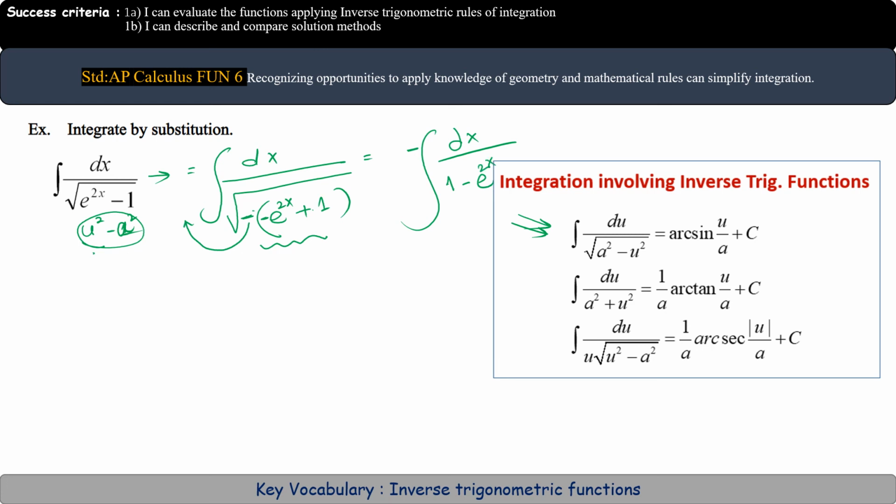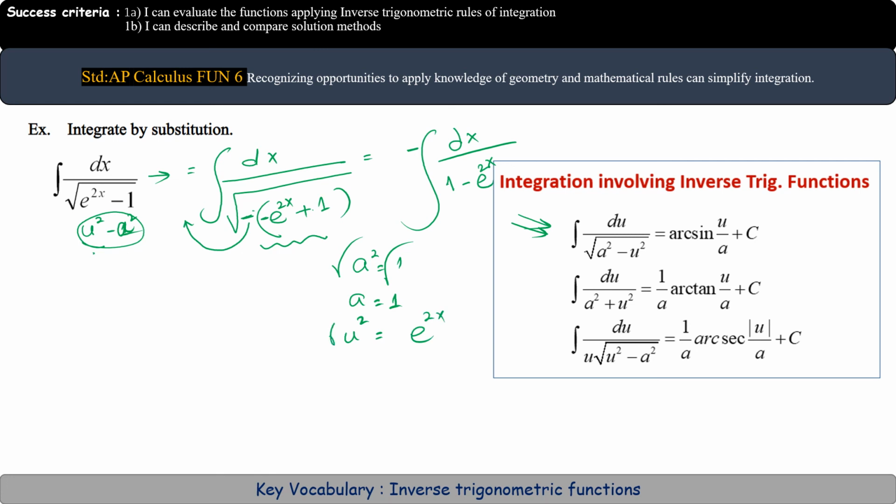Now it is written in the form of a square minus u square. So what is my a square? It is 1. So square root of a square, it means a equals 1. And what is my u square? U square is e to the power 2x.